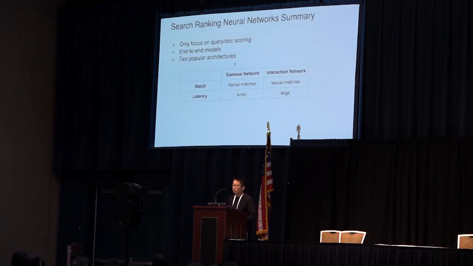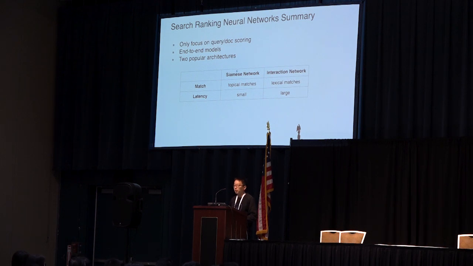So this is the summary of the ranking neural networks. As we can see, most of the work focuses on the query document scoring. And all of them are end-to-end models, meaning that all the parameter updates are from the learning to rank loss.